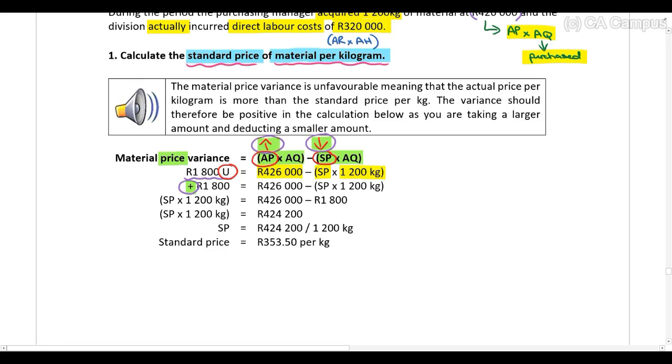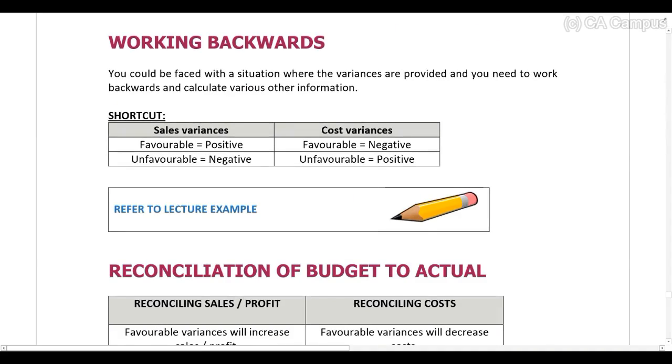All right? If you go back to your lecture notes, you'll see I have included the rule as a shortcut for you. We are busy dealing with a cost variance, not a sales variance. So with cost variances, if the variance is unfavorable, you include it as a positive amount in your calculation. On the other hand, if the variance is favorable, you include it as a negative amount in your calculation.